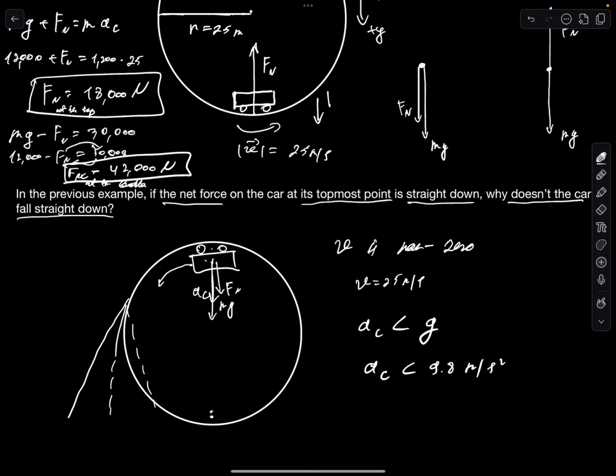Why? Well, if the force of gravity is greater than the centripetal acceleration, there will be more forces acting to bring the object down than forces keeping the object moving in its circular orbit.